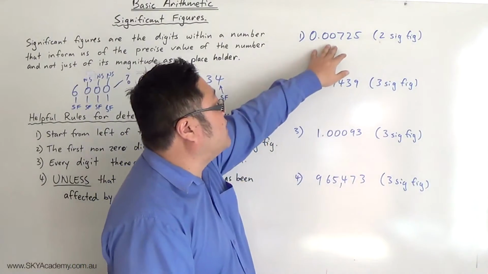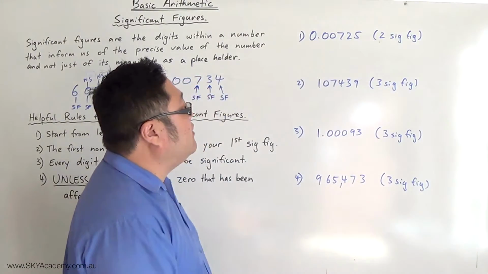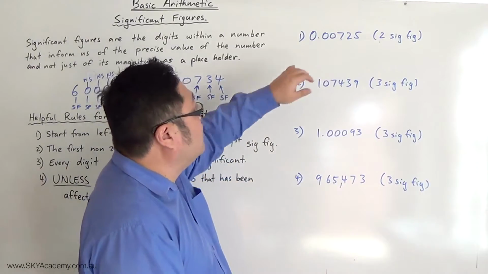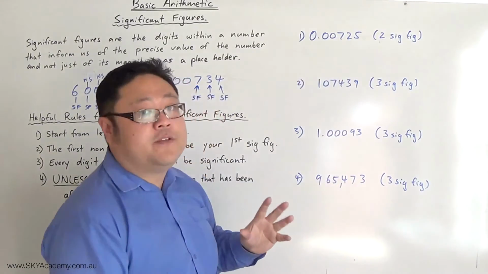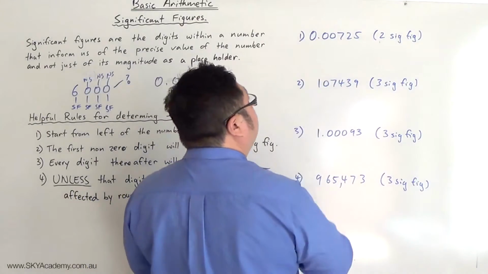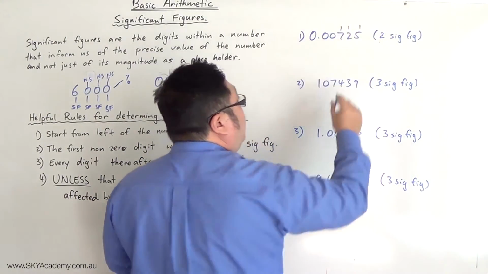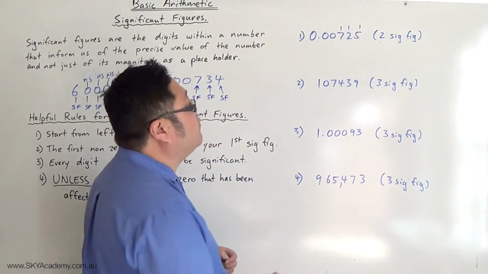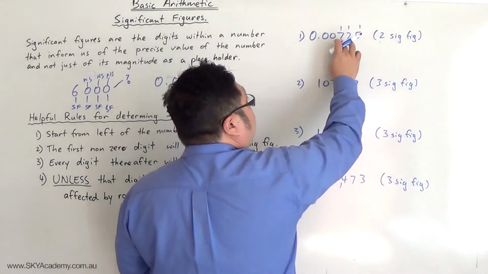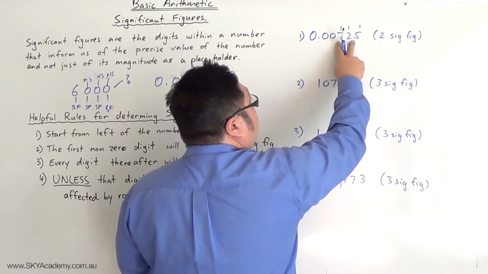So, when you've got something like this, what you do to round it off to 2 significant figures is you work out where your significant figures are. 7, 2, and 5 are your significant figures. Rounding it to 2 significant figures means 7 and 2 will be part of your answer.